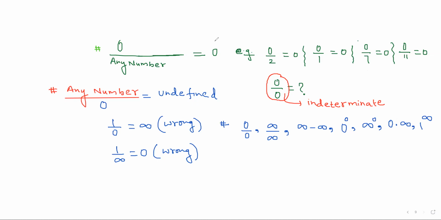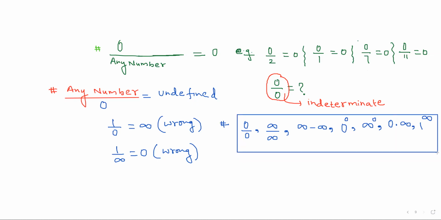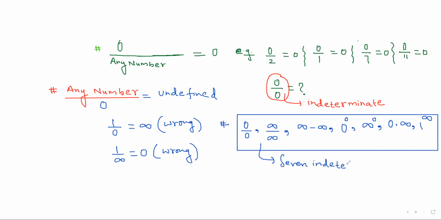Beta, this is called 7 indeterminate forms. No one can define the value of these things, so that's why we say this is called indeterminate form. I think, beta, this is cleared up. Yes, sir, clear.